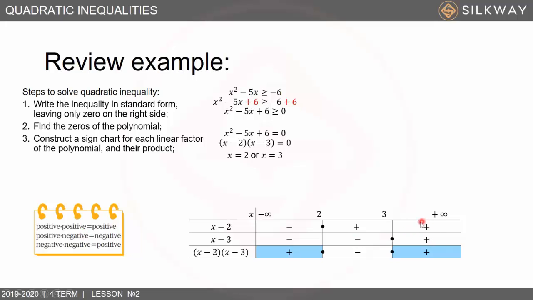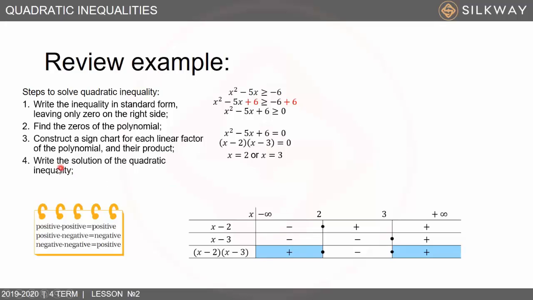Okay, if we multiply positive by positive, we will have a positive number. Positive by negative, we will have minus, and minus by minus, we will have plus. Okay, positive. And these shaded regions are our answer.